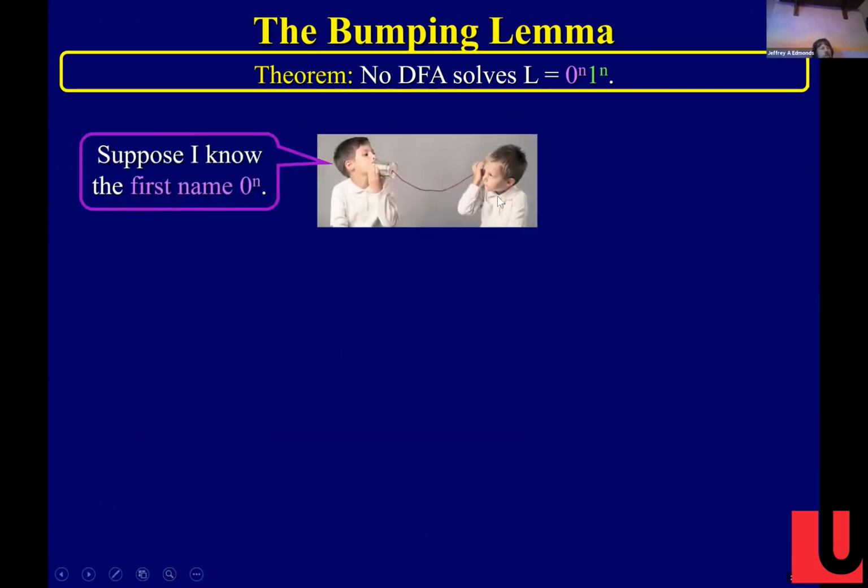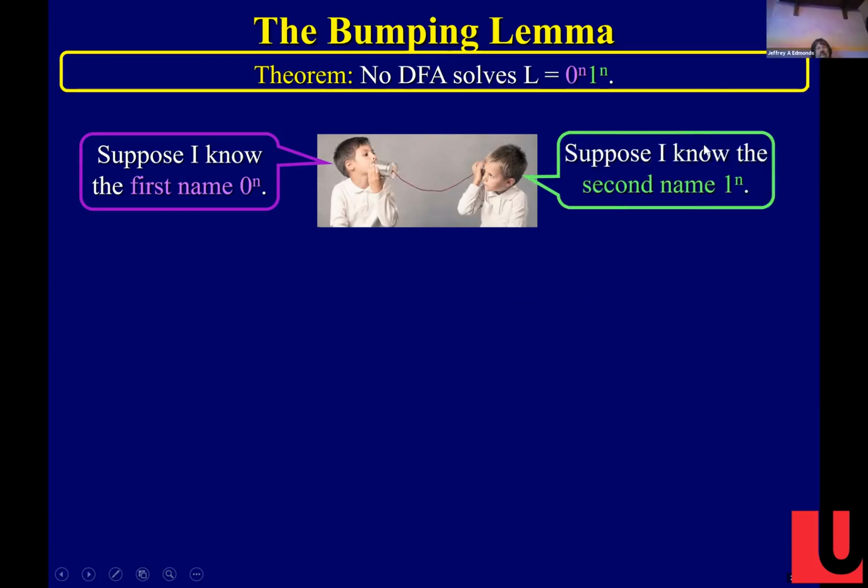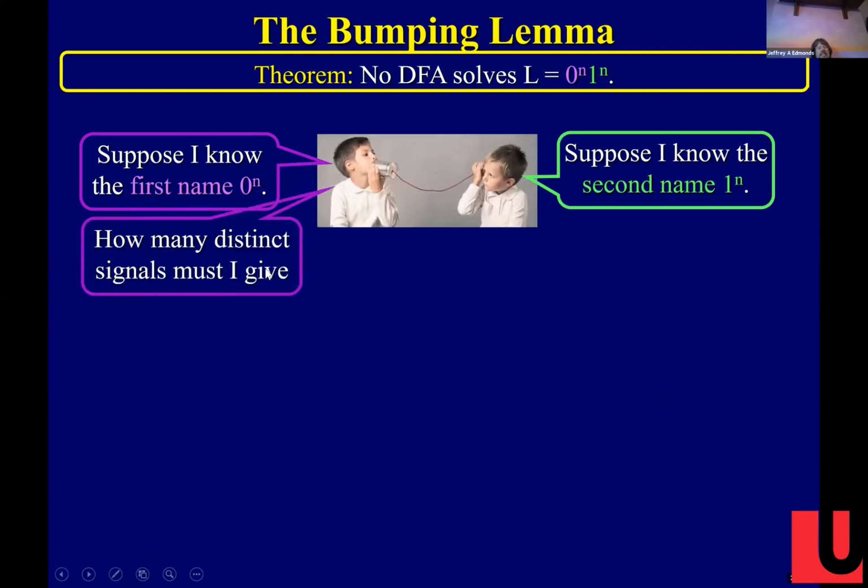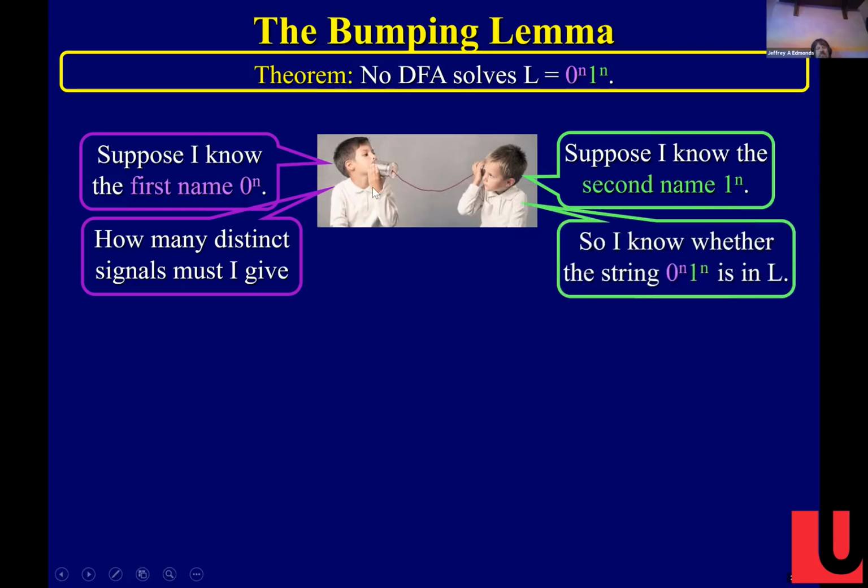Oh, so here we do it with the boys, like I said, right? The first boy gets some number of zeros. The second boy gets some number of ones. And the first boy sends a message, and then the second boy has to know, were they the same number or were they different numbers? Well, what does the first boy have to do? For every number of zeros, he has to send a different message, right?